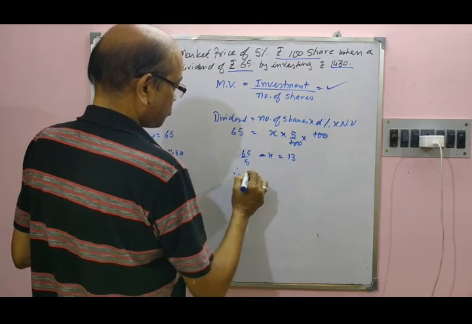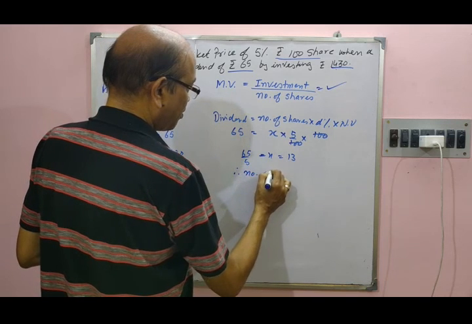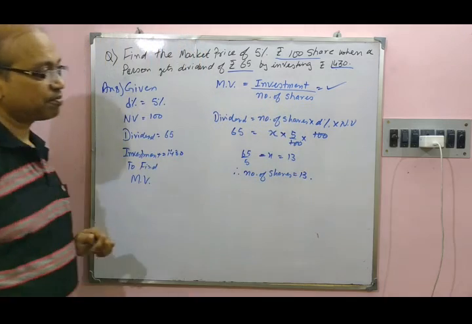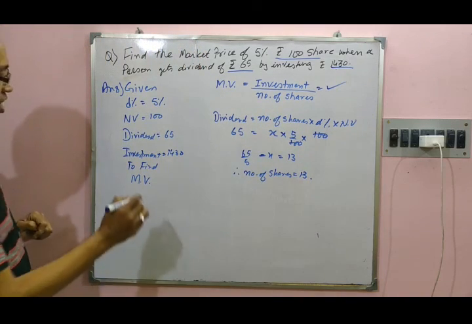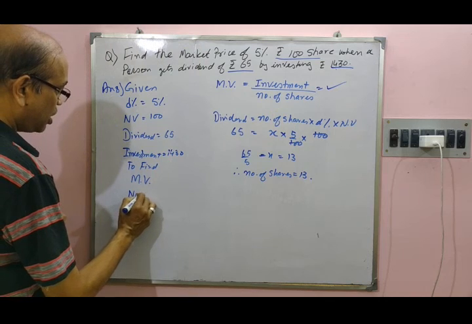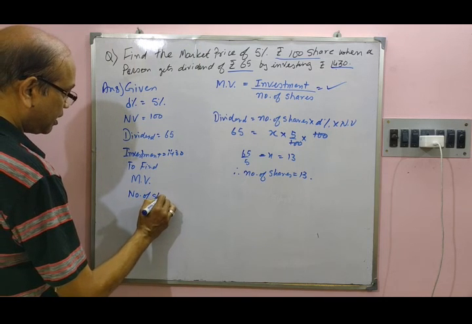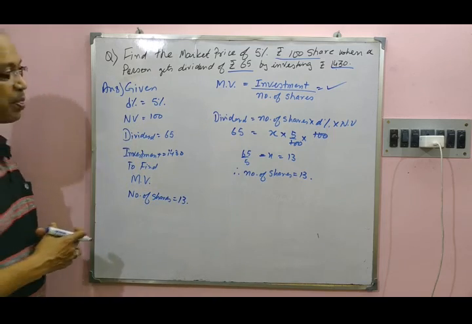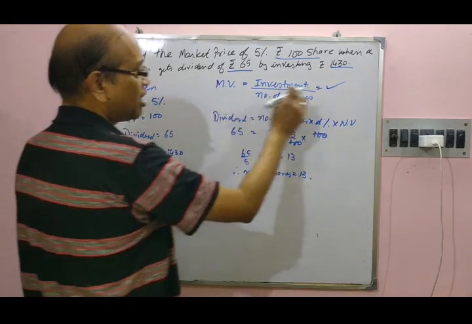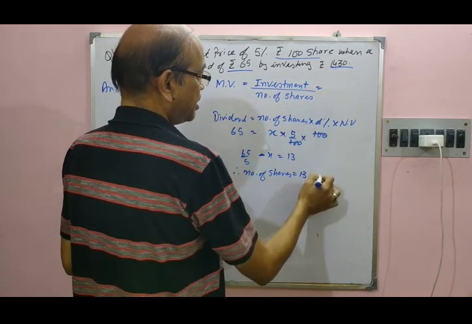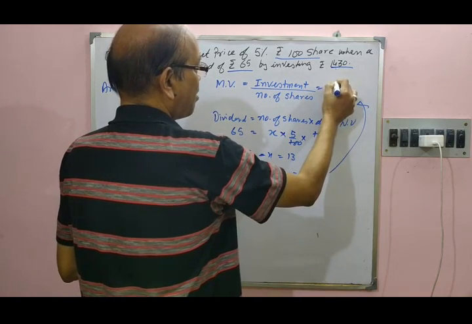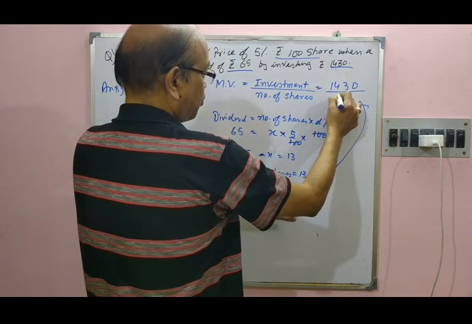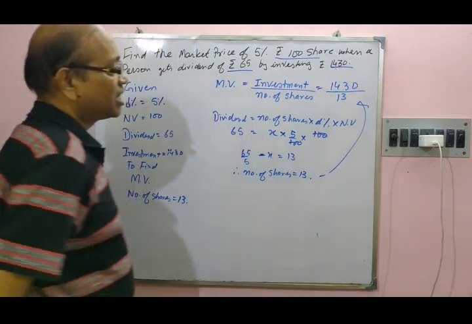Therefore, number of shares is 13. Therefore, from this formula, market value is 1430 divided by number of shares 13.